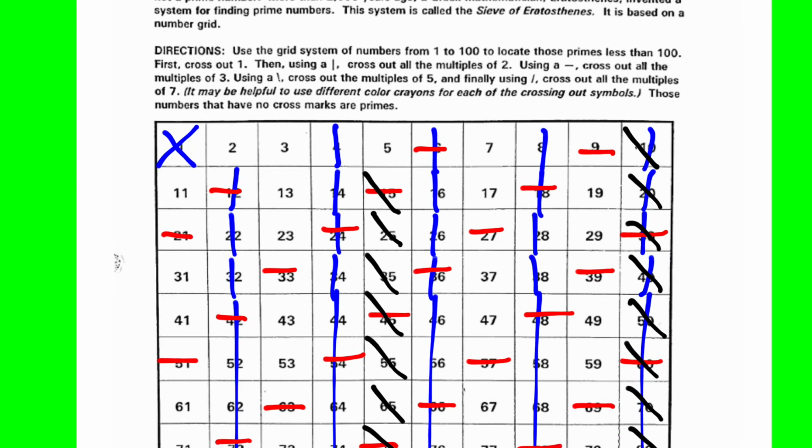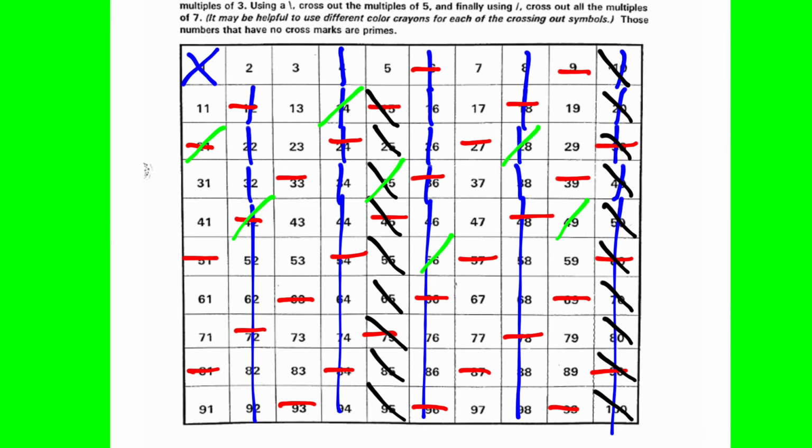So the first one I'll cross out is 14, 21, 28, 35, 42, 49, 56, 63, 70, 77, 84, 91, and 98.